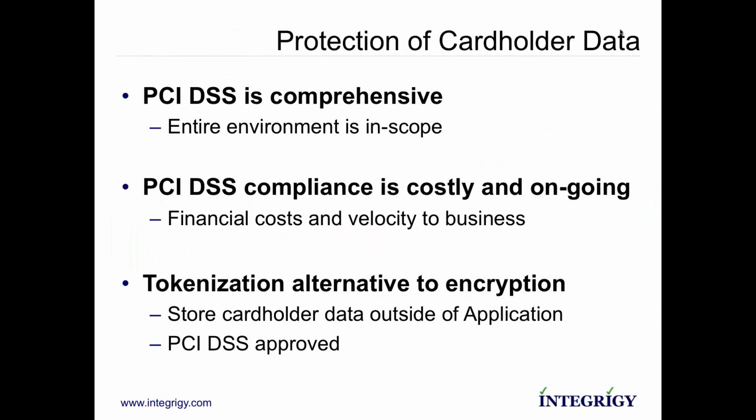Really what we're doing here is sidestepping the Oracle eBusiness Suite. We are still using it to process the transaction, but we're going to store the credit card primary account number that PCI requires us to protect someplace else.